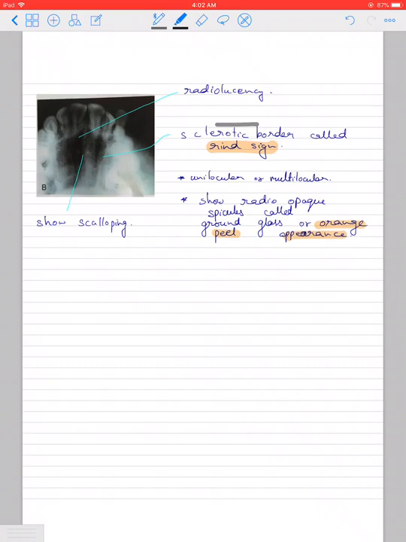The border is sclerotic and we call it the rind sign. We can observe radiolucency, which shows scalloping. Unilateral or bilateral, and radiopaque spicules called ground glass or orange peel, which is less important.